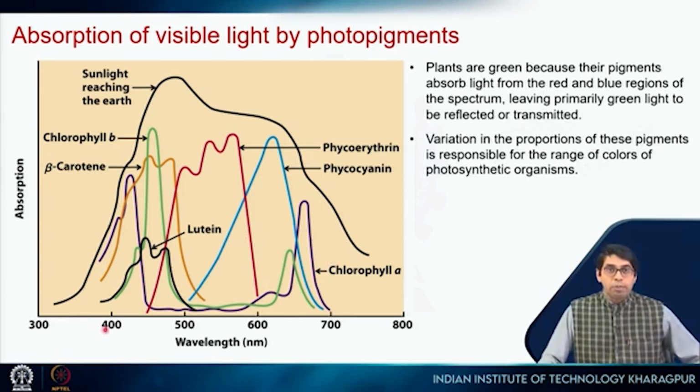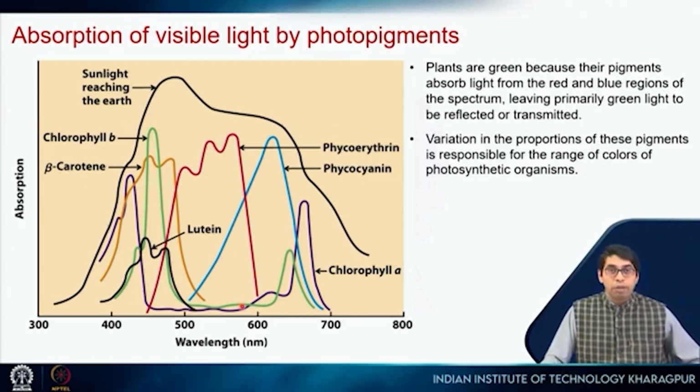So this is the visible range of light, 300 nanometer to 800 nanometer, and sunlight, its typical spectrum will look like this. So this is the absorption spectrum, right? Now each of these pigments absorbs in different wavelengths. So you need all these different pigments so that you can cover most of this range, right?